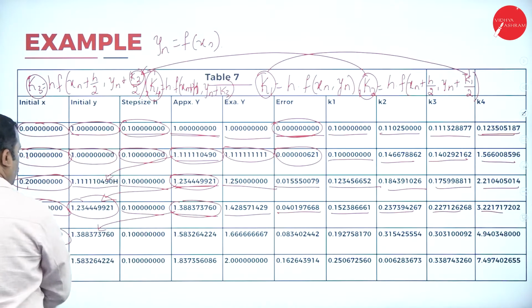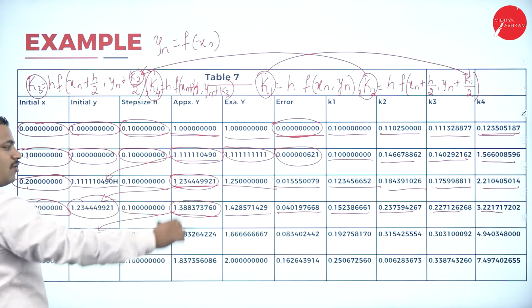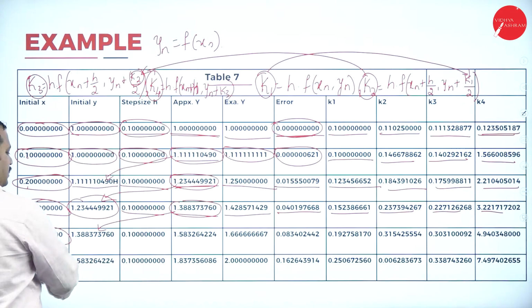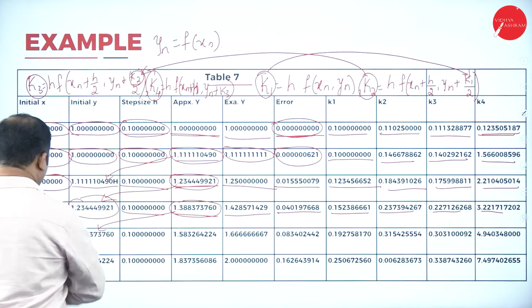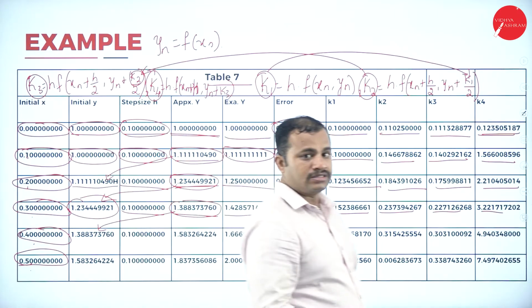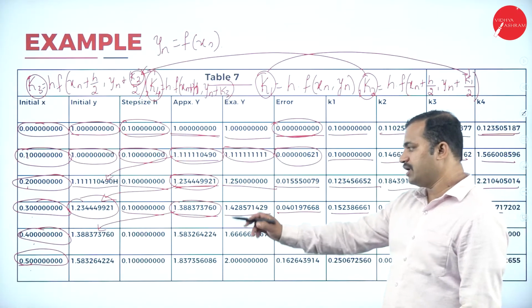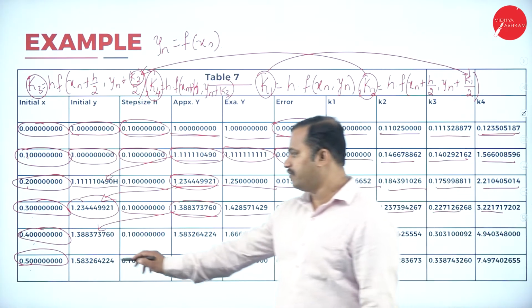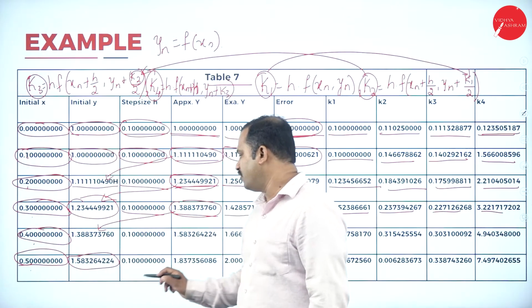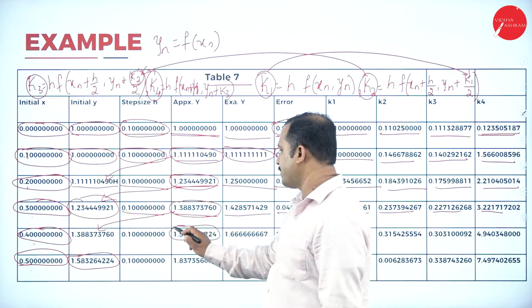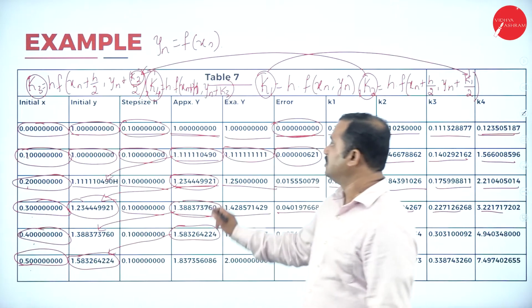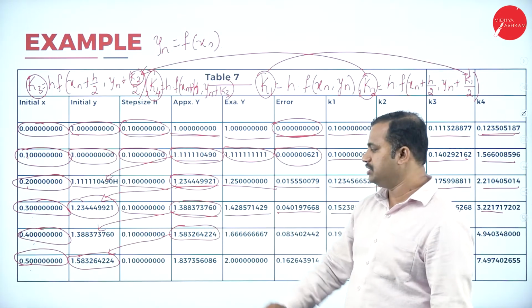This is my 0.4. The same procedure is followed for everything until the value of x is 0.5. When the value of x is 0.5, what is the value of y? That is the value of y taken from here. The approximate y is taken as the initial value.